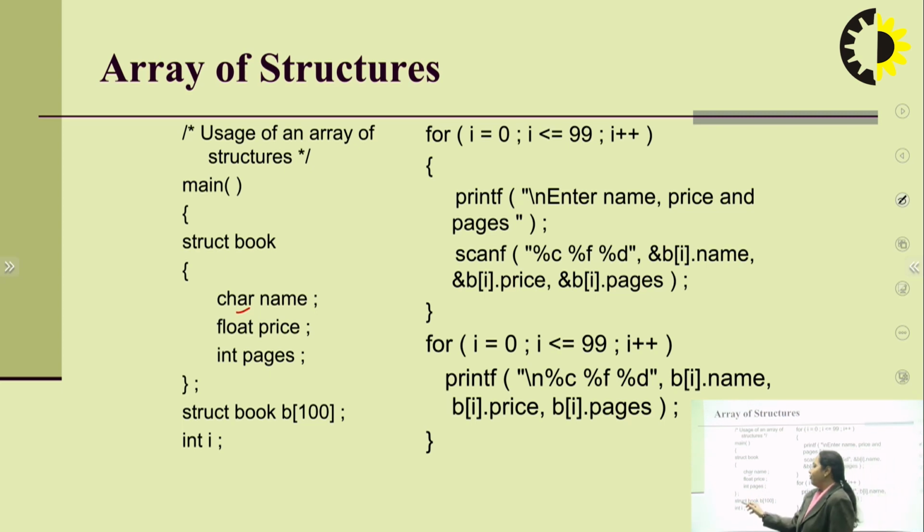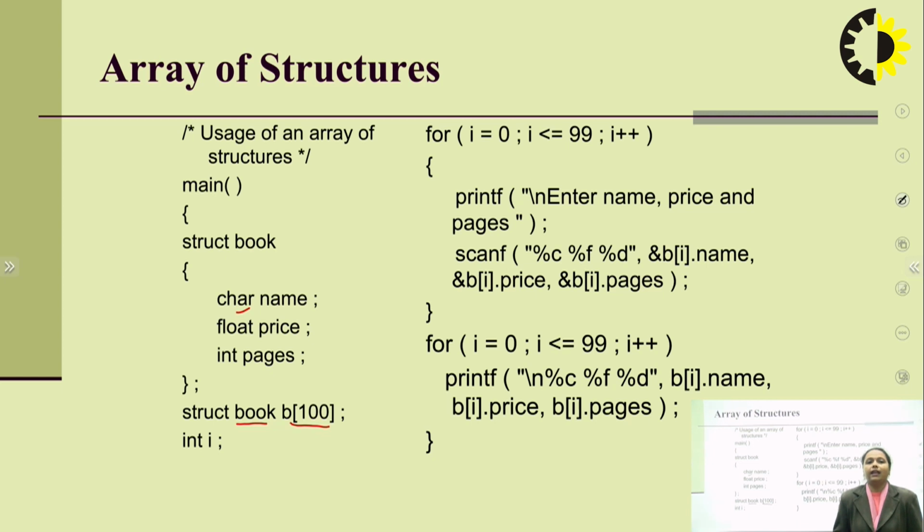After that, we have created a variable b, and what is b? An array, and the data type is what? Book. So an array b is created whose size is 100 and has data type book. In this way, we can create an array of structures.